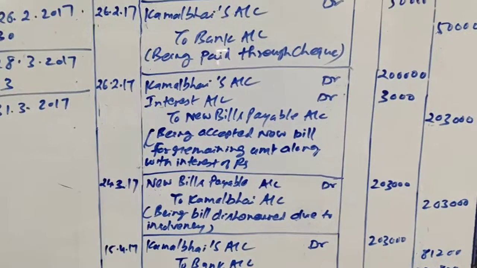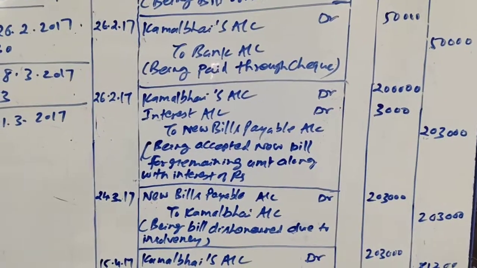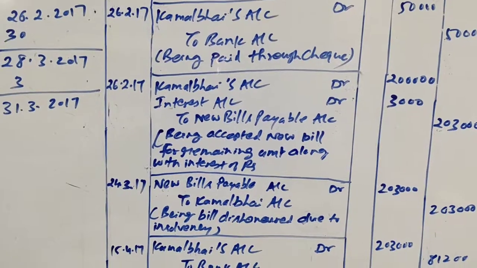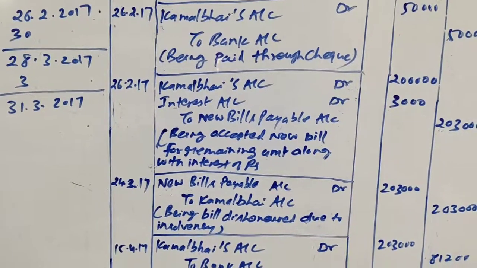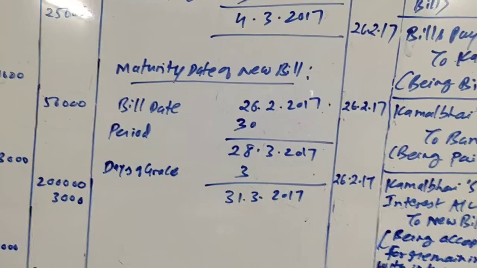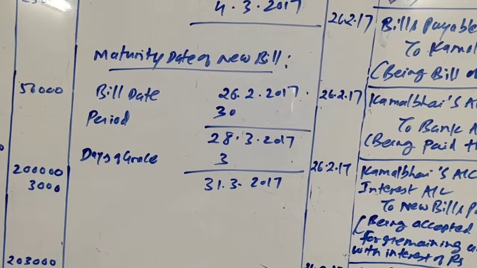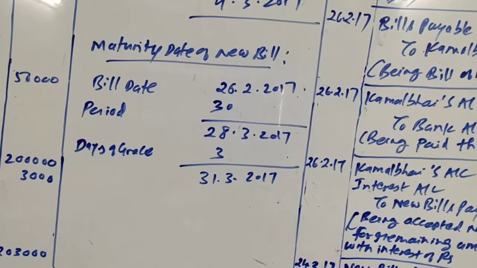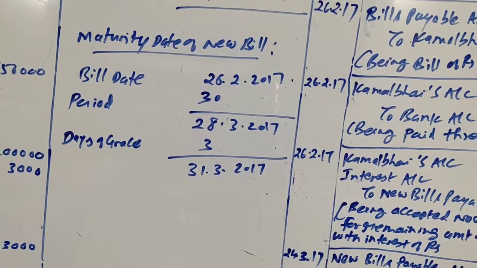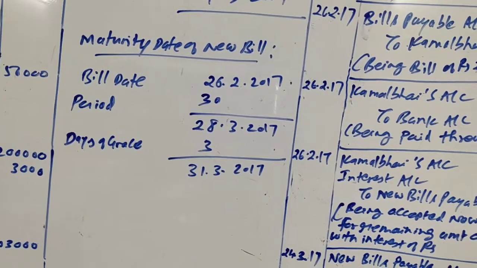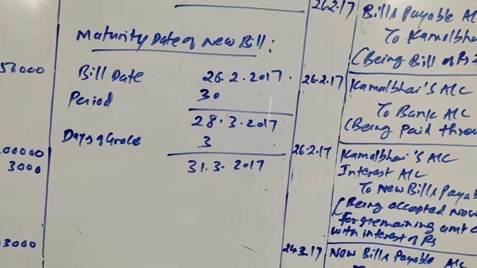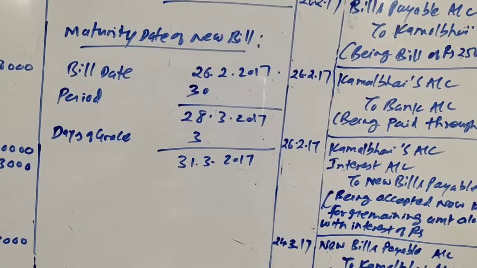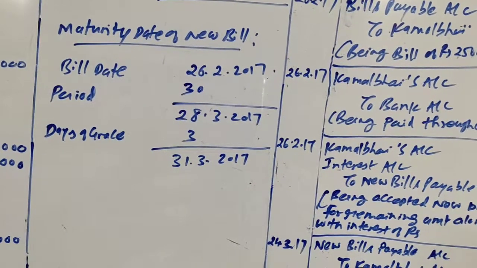Okay friends, so 24/3/2017. Now comes the maturity date, but on the maturity date no entry will be passed because the bill is already dishonored before the maturity date. Let us see what the maturity date was. This new bill was drawn on 26/2/2017 and it was of 30 days. So when I add 30 days to 26 February 2017, we get 28th of March. 2 days will be of February and 28 days of March.